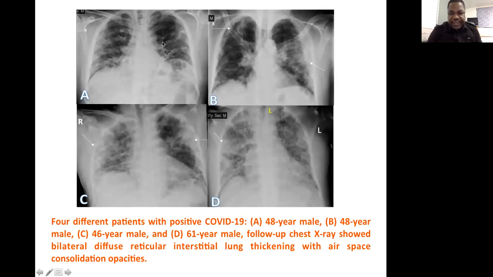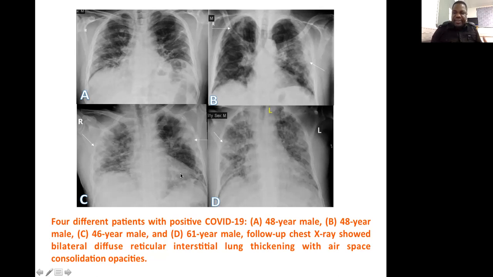Here we can see a 48-year-old male. This is also a 48-year-old. This is a 46-year-old, and this one is a 61-year-old male patient. They all showed bilateral diffuse reticular interstitial lung thickening with airspace consolidation opacities that you can see on both sides, here and there.